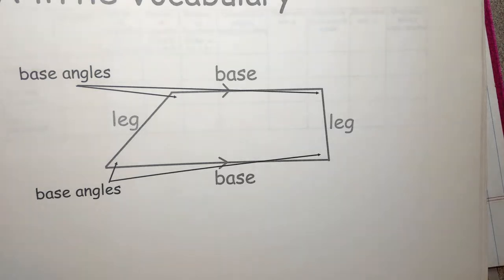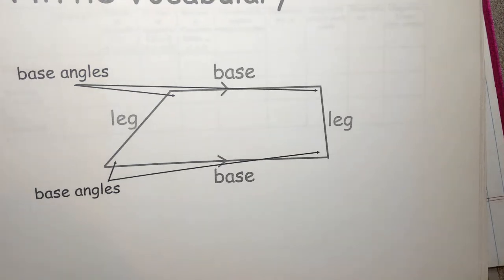Yes, please draw this. So this is a trapezoid. This is just a regular old plain trapezoid. The definition of a trapezoid is a quadrilateral with one set of sides parallel. The sides that are parallel we call the bases, and the sides that are not parallel we call the legs.